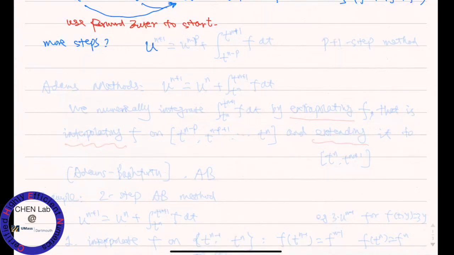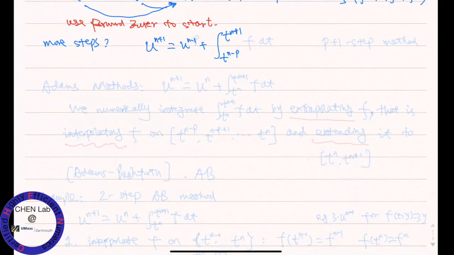Say you have your u n plus 1 is equal to u n minus p plus the integration from Tn minus p to Tn plus 1. It has to be Tn plus 1 because we wrote u n plus 1.